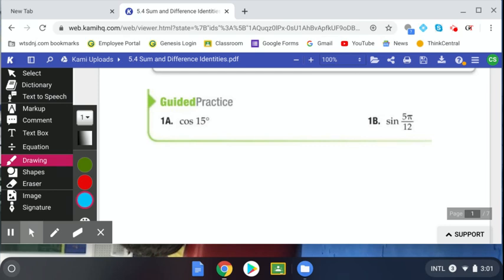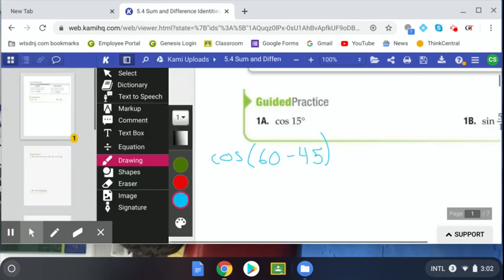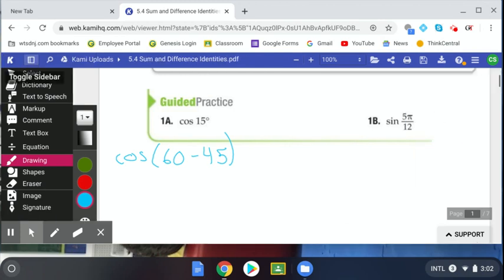So what I did is I rewrote this as cosine of 60 minus 45. 60 minus 45 gives me 15. So now that I have it written as the difference of two of the special angles, I can apply the identity, the cosine of the difference of two angles.